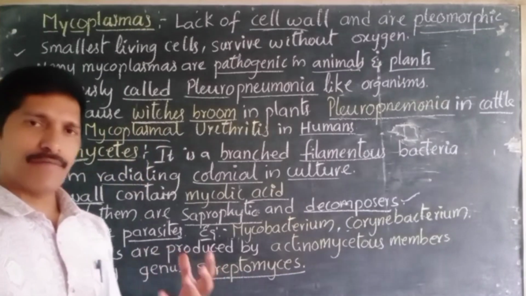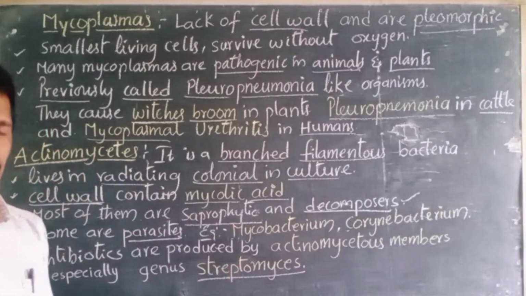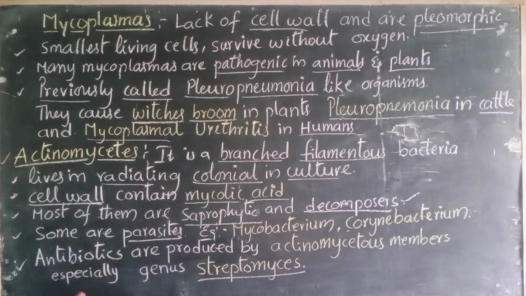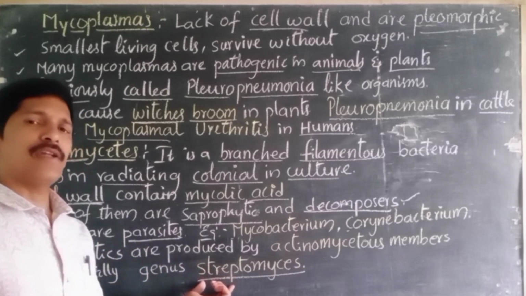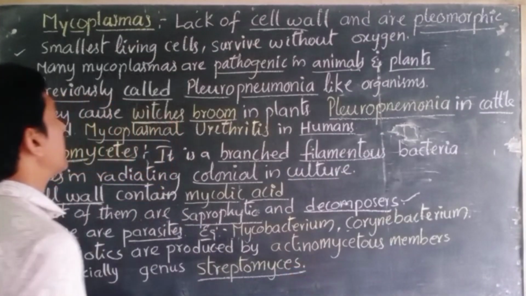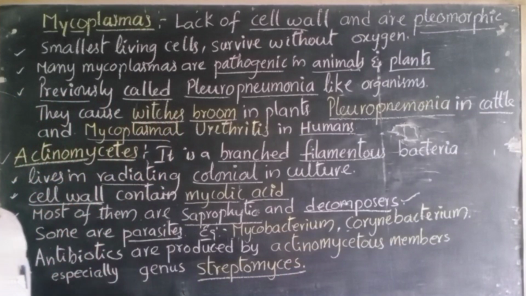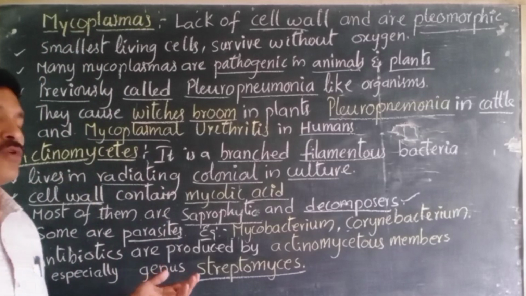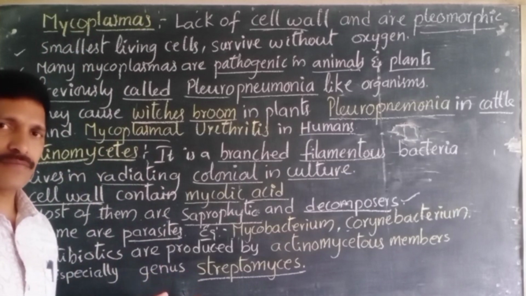In the market, we know that streptomycin is a kind of antibiotic which kills bacterial infections, right? So antibiotics are also produced from this kind of bacteria, Streptomyces. This is regarding the last two subgroups of monera, mycoplasmas and actinomycetes.